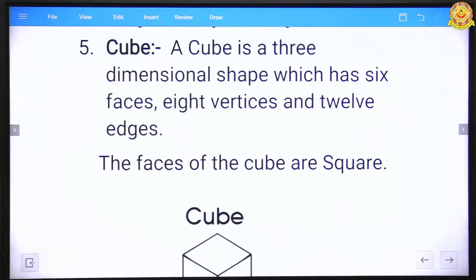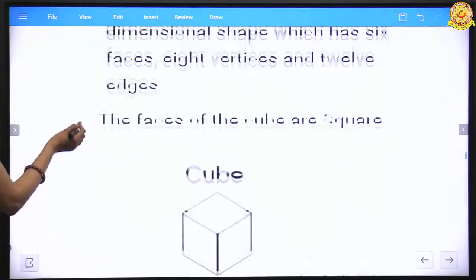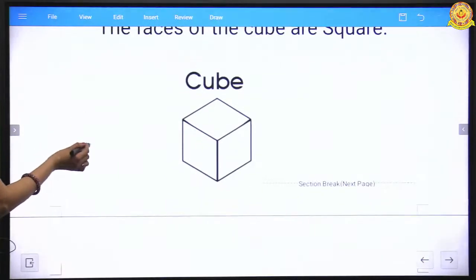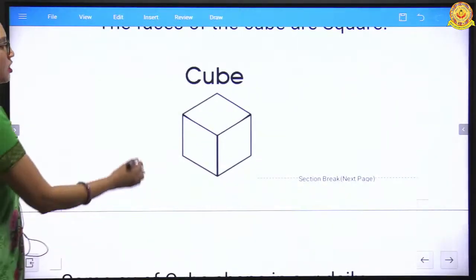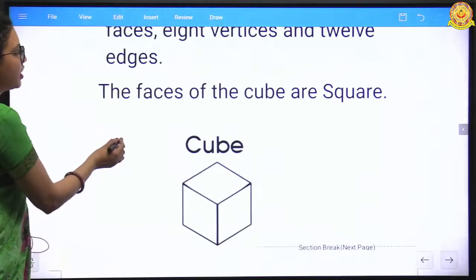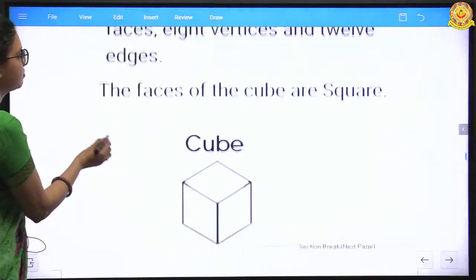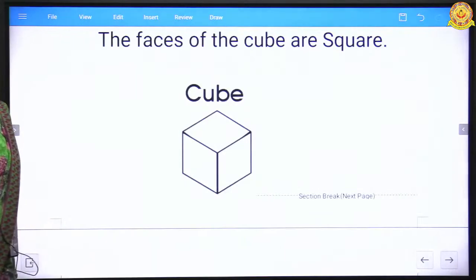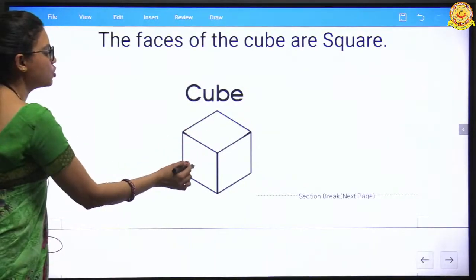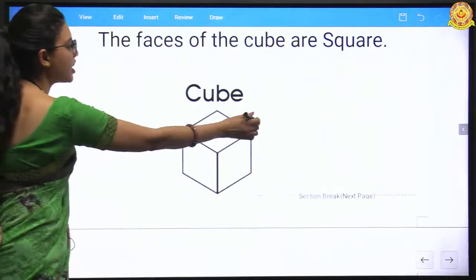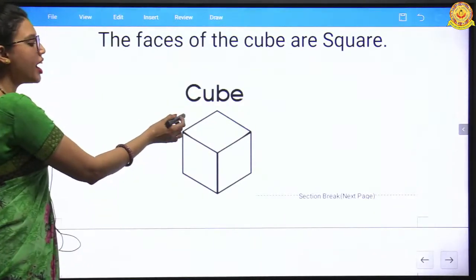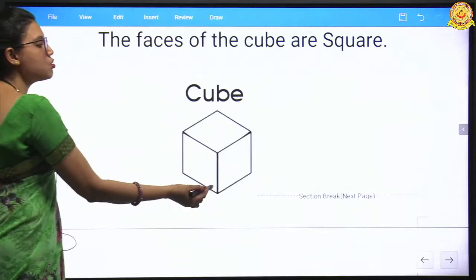A cube is a three-dimensional shape which has 6 faces, 8 vertices and 12 edges. The faces of the cube are squares. Now just look at the cube. It has six faces. 1, 2, 3, similar to this side 4, backward side 5, and the downward side is also a 6.